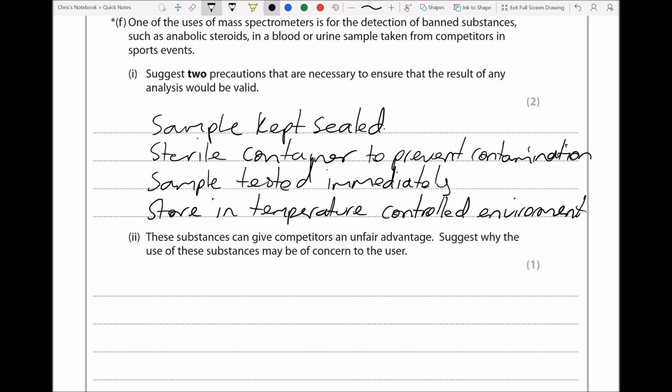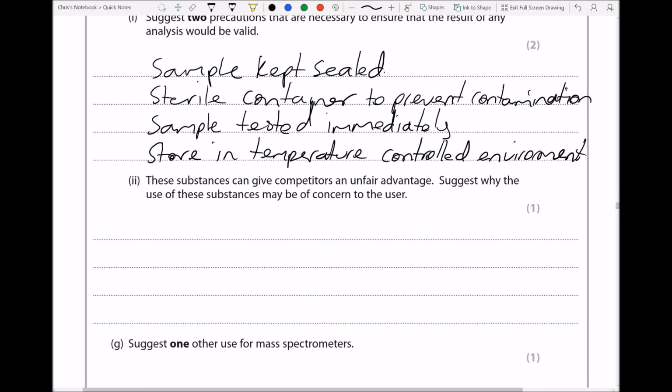Part 2. These substances can give competitors an unfair advantage. Suggest why the use of these substances may be of concern to the user. Right, okay. Steroids have some quite serious side effects. They're there to reduce the pain, so an athlete can run even when they're in pain, so they don't feel the pain. So they can enhance their performance.